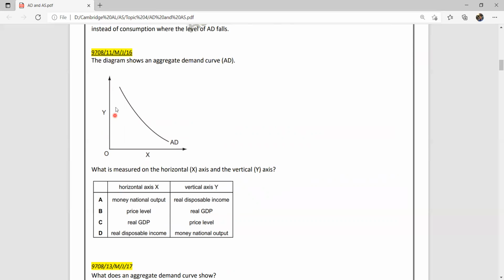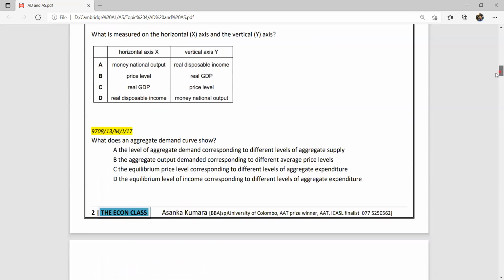I told you this should necessarily be labeled as price level, but the horizontal axis should be labeled as real GDP compulsorily. Therefore, the horizontal axis X is real GDP, and the vertical axis is price level. That is how we should label the aggregate demand diagram.